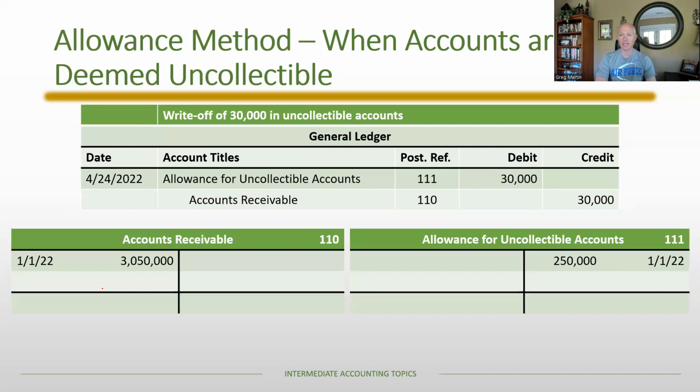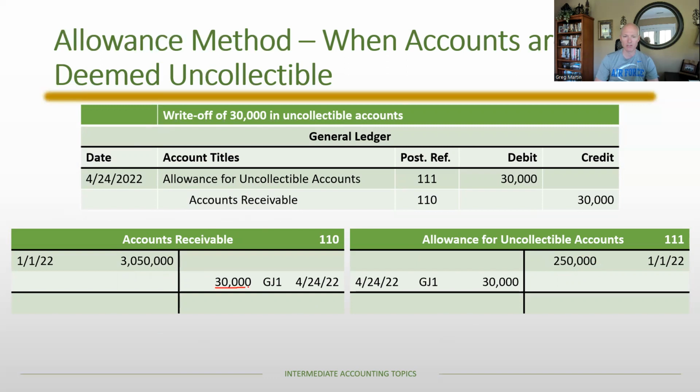And so thinking about the T accounts at the end of the year of 2021, which is also the beginning of 2022, I had my gross receivables of $3,050,000, and I had my uncollectible accounts of $250,000. Now, obviously, there could have been some collections in here, but we're ignoring that for now. But when we record this write-off, the receivable comes off my books.